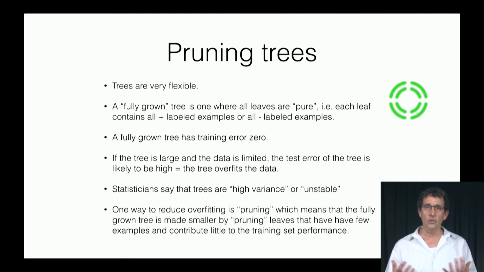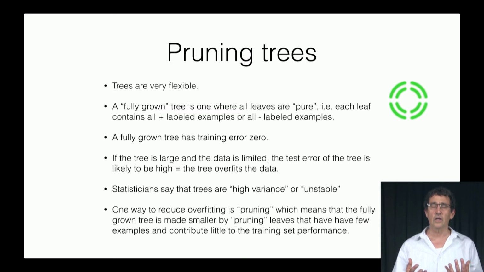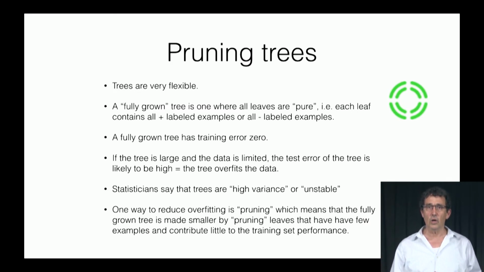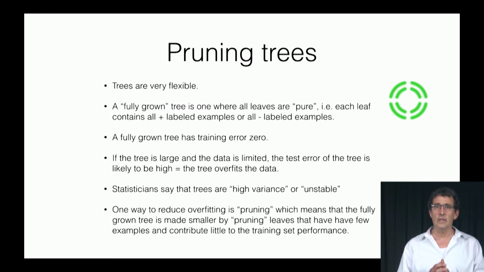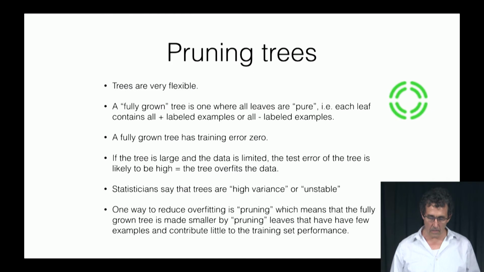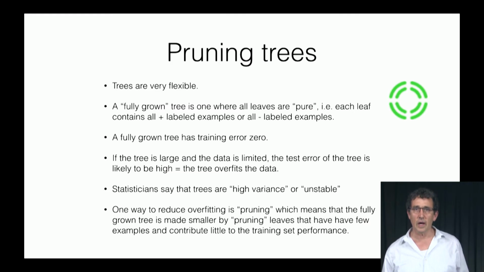And so you get a tree that might have a higher training error, but is significantly smaller. And because it is significantly smaller, it's going to overfit less. So that's one very popular way, and there are many different ways for choosing how to prune trees.